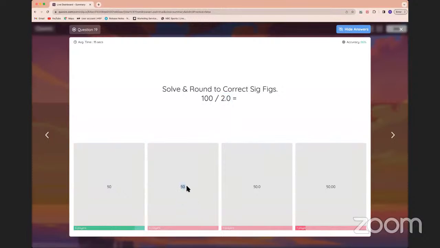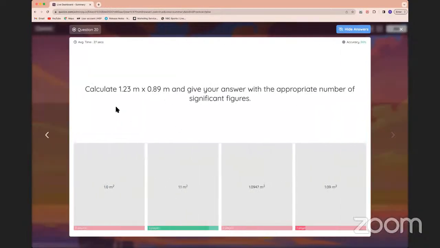So 50.0 cannot be correct, 50.00 cannot be correct, 50.000 cannot be correct, but this is 4 significant figures, 3 significant figures, and then 2 significant figures. And finally, when you multiply this, you get two significant figures because 0.89 has 2 significant figures.